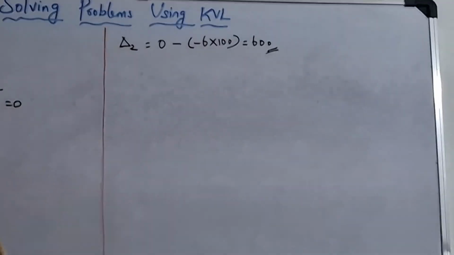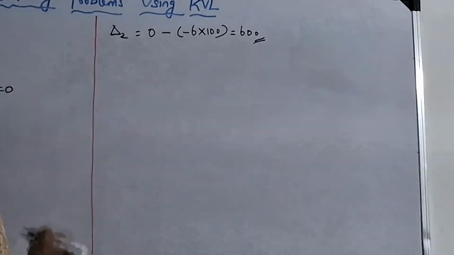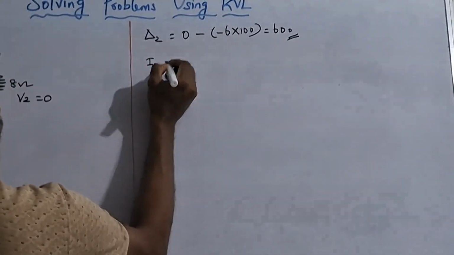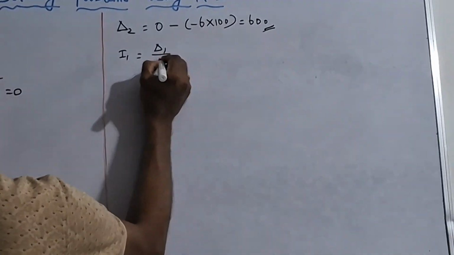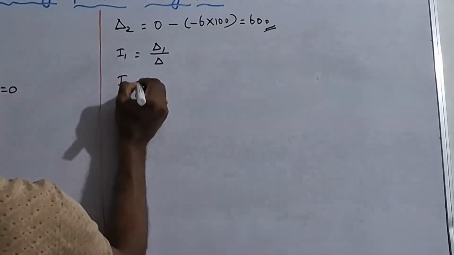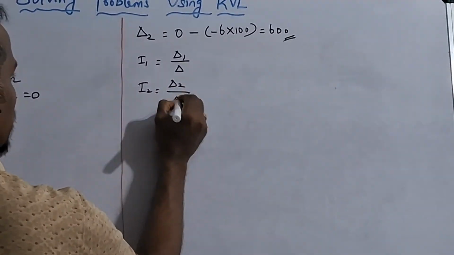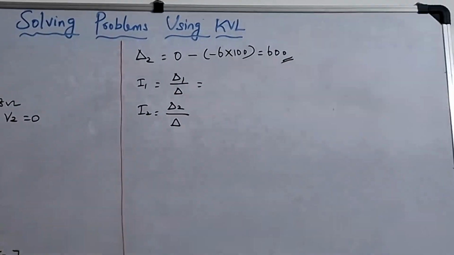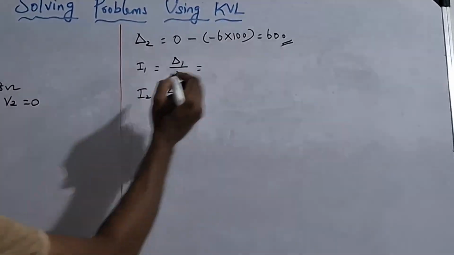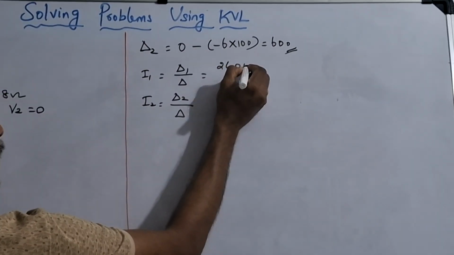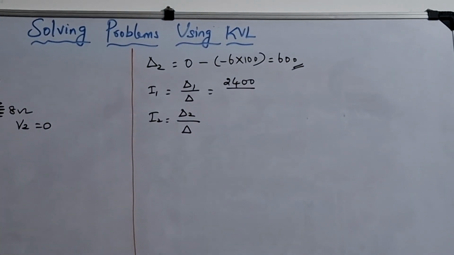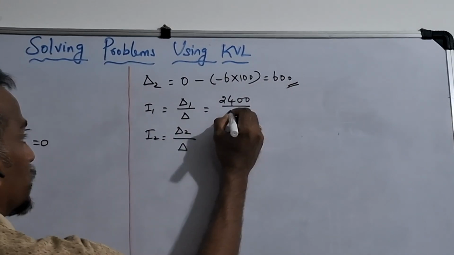Okay. So from this, we have to find out the value of I1. I1 is nothing but delta 1 by delta. I2 is nothing but delta 2 by delta. So I1 is equal to delta 1, which we already know, 2400 divided by delta, which is 228.